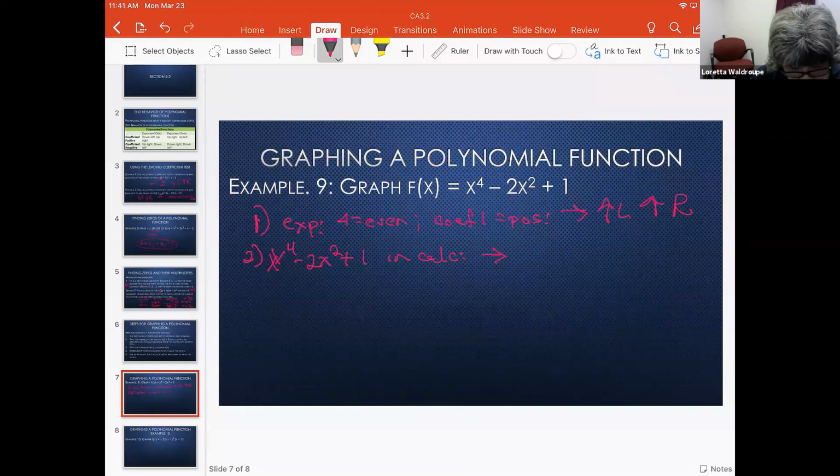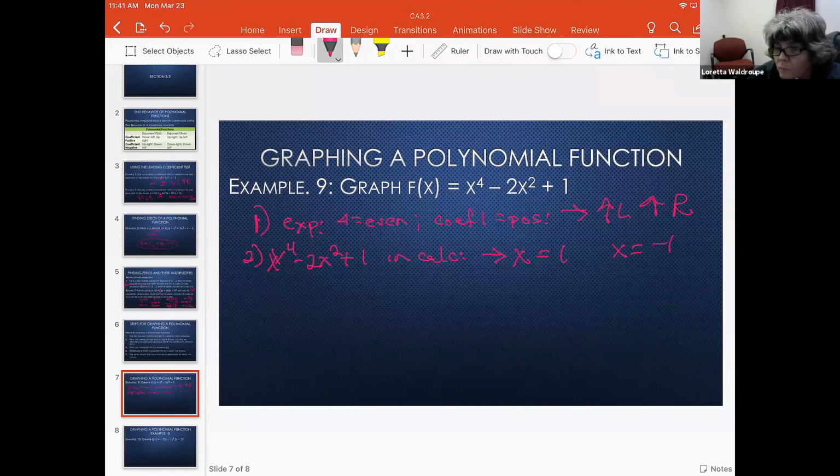And if I go to my table, I get 1 and negative 1.